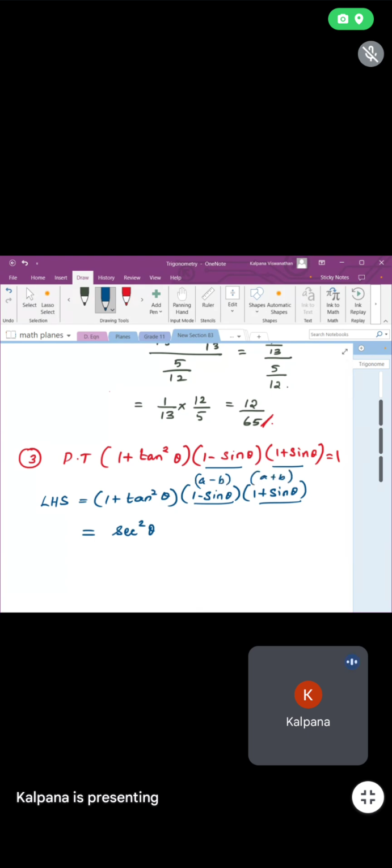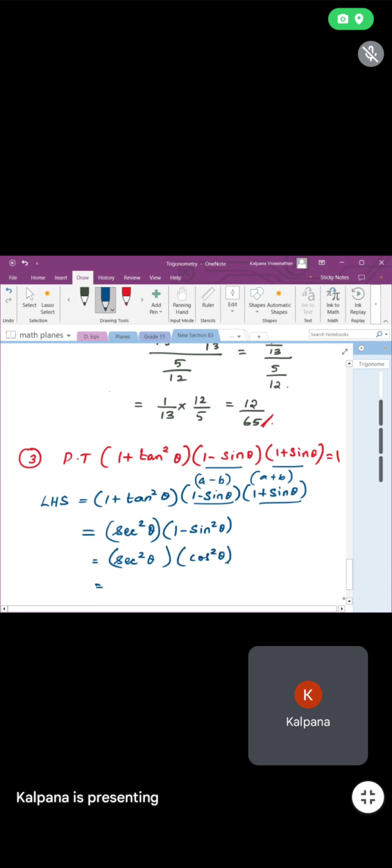So what are you getting? A square minus B square, so what should I write here? 1 minus sin square theta. Can you apply any identity in this place? Cos square theta is equal to 1 minus sin square theta. So secant square theta into 1 minus sin square theta is nothing but secant square theta into cos square theta.